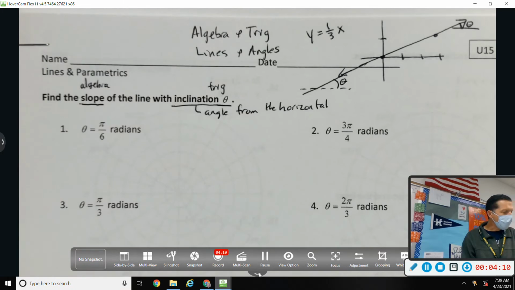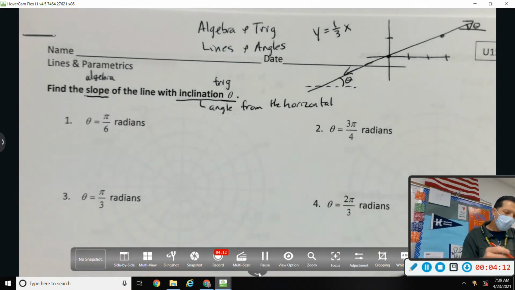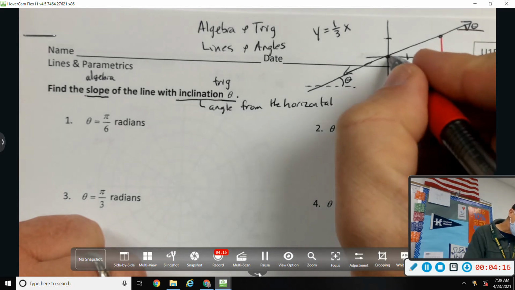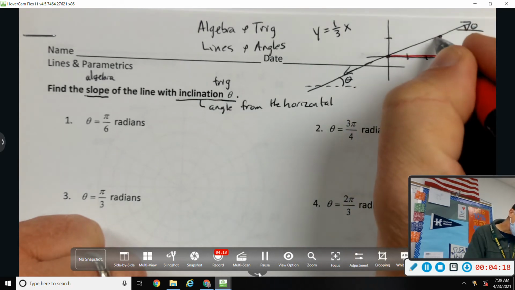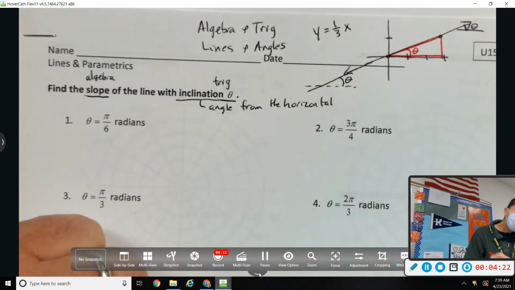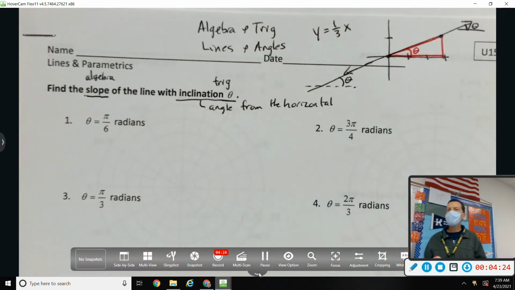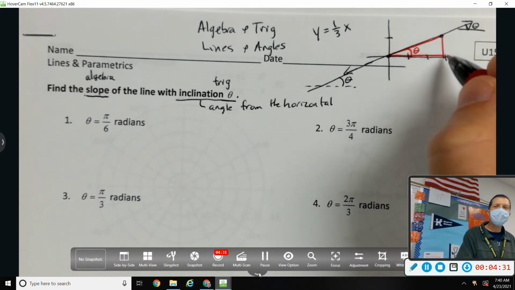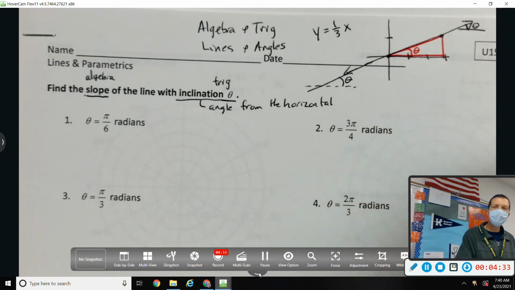Okay, the slope was up 1 over 3. So let's draw a little triangle in here. There's our angle. What's the opposite side of this triangle length? 1.